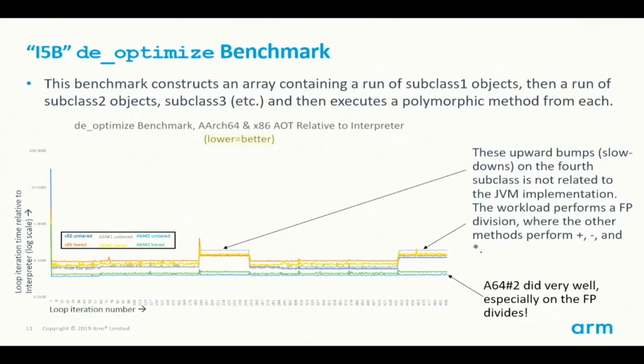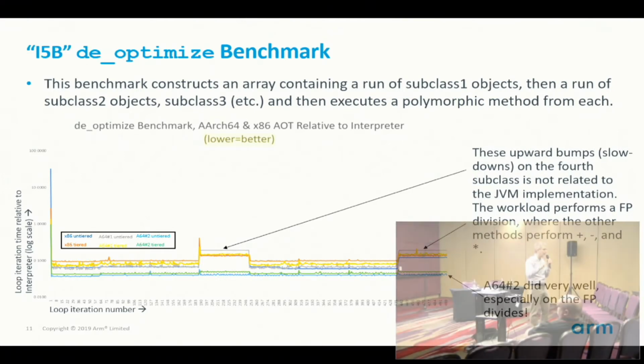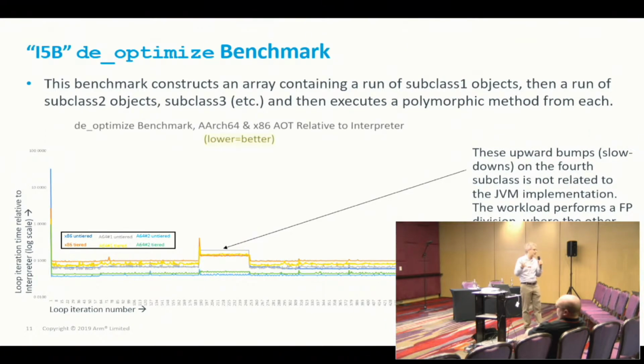If HotSpot optimizes out a chunk of code, that's called optimizing, obviously. It can later find out, whoops, the profile of the code changed. In which case it has to de-optimize, meaning that it has to hop back into the interpreter, or at least a less optimal compilation, and recalculate the statistics that it can use to optimize out chunks of code. That's referred to as a de-optimization.